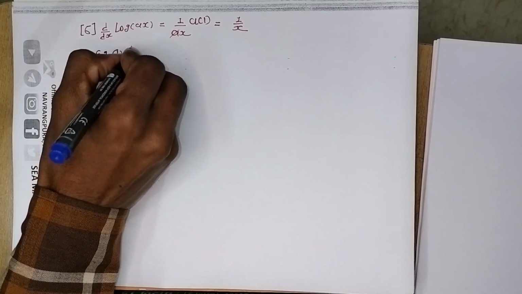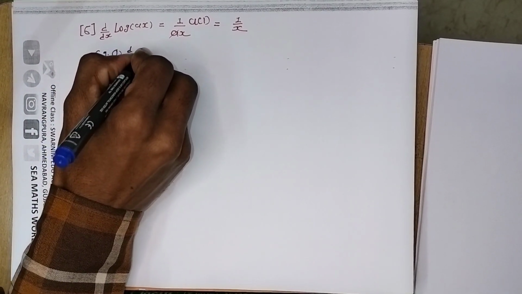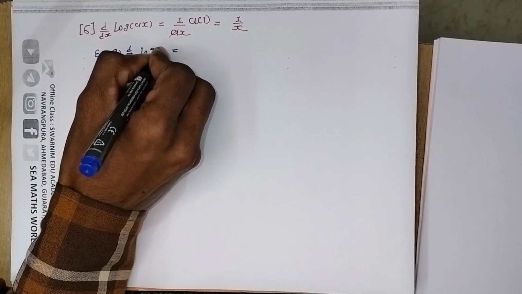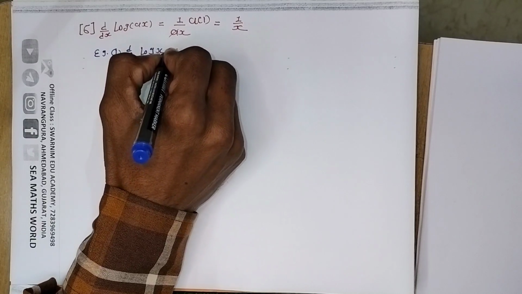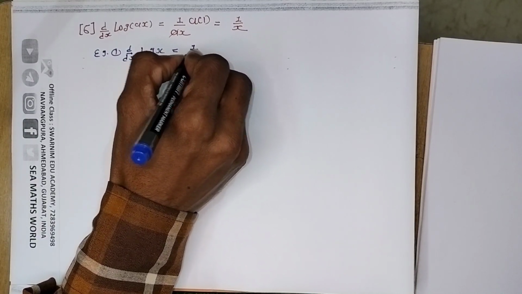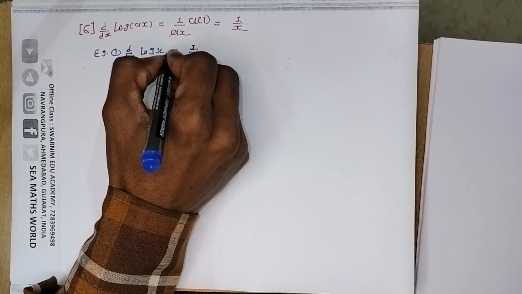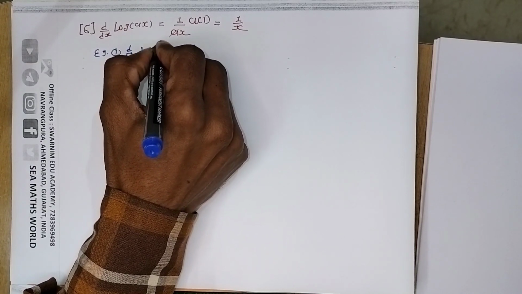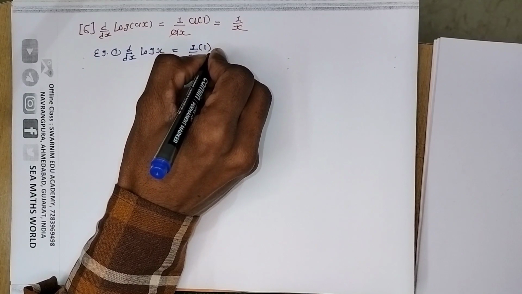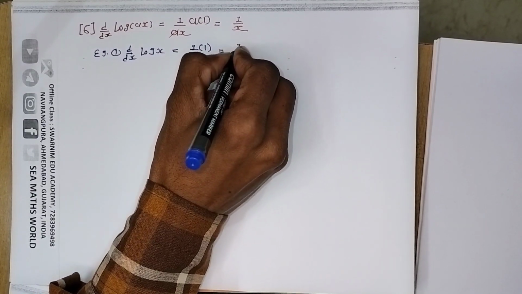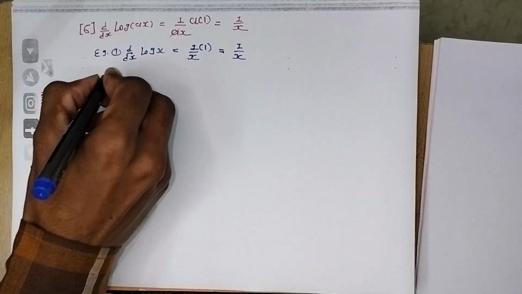Differentiation of log x. Here the given term in log is x. So x will go to the denominator, then differentiate that log term in numerator. So x differentiation is 1. So final answer will be 1 upon x.